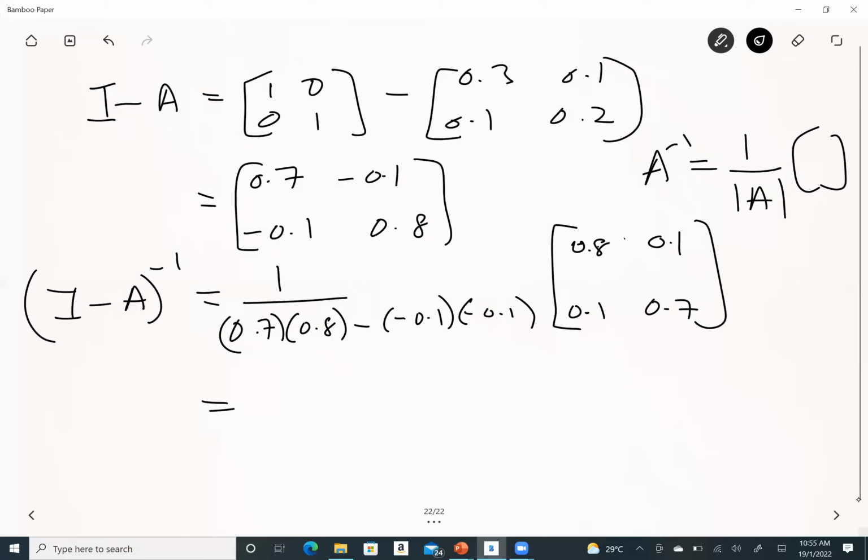So negative becomes positive, so minus. So 0.56 minus 0.01, that will be 0.55. Okay, multiplied by that thing here.